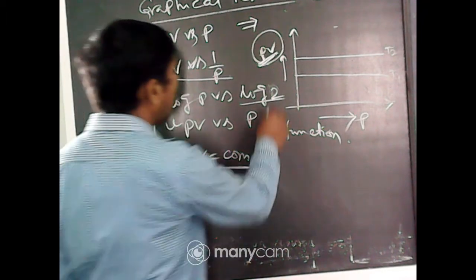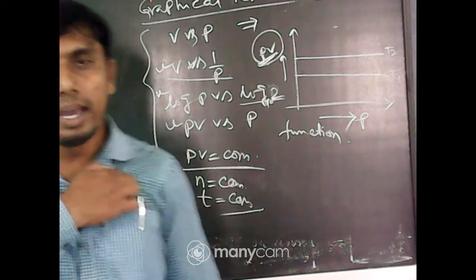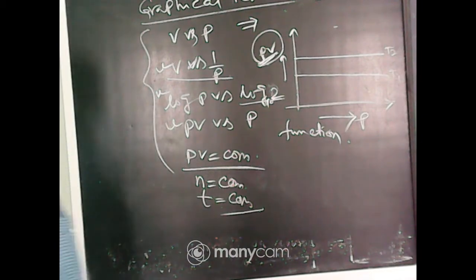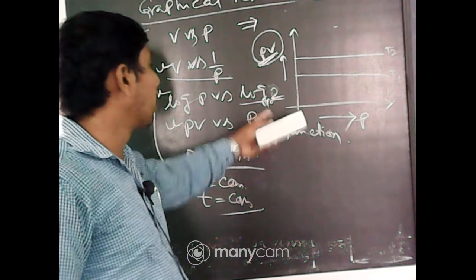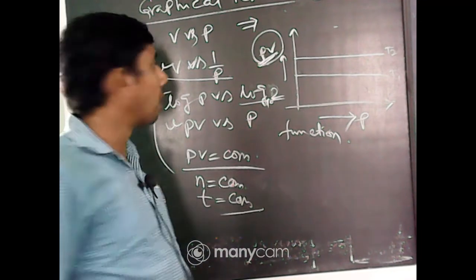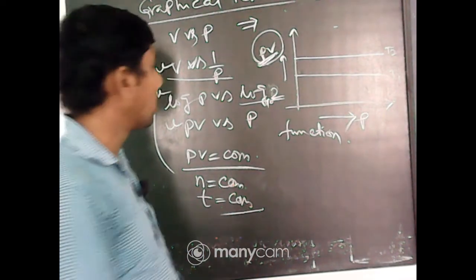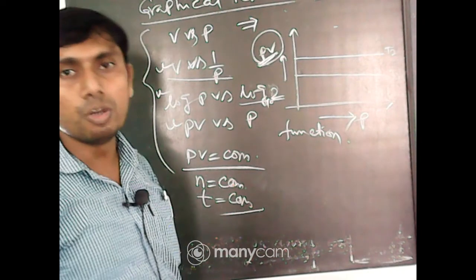There are two bases: ln where the base is e, and in case of log the base is 10. So, it ultimately gives us one numeric value, log 2 or log 5 or log 10 or log 1 point something. Every time it has a numeric value.